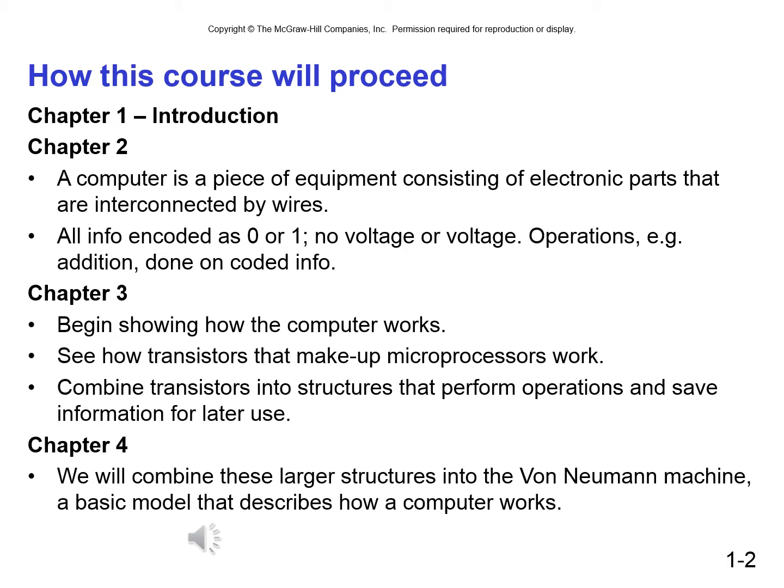We'll start to combine transistors into structures that perform operations, and ultimately we'll get into saving information. And we'll continue to combine these larger structures into the von Neumann machine, which is a basic model that describes how all modern computers work.